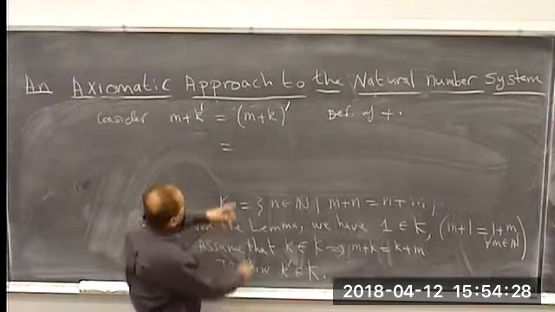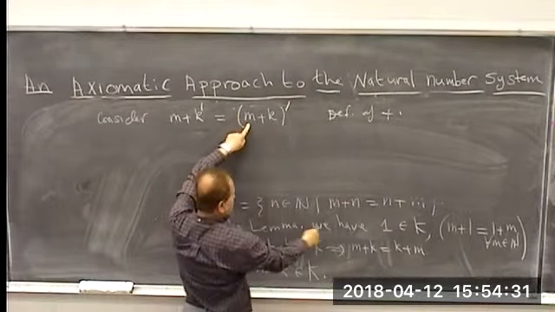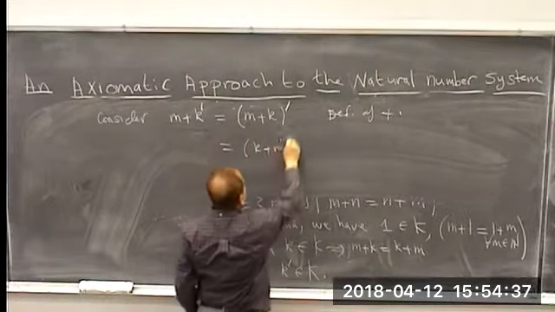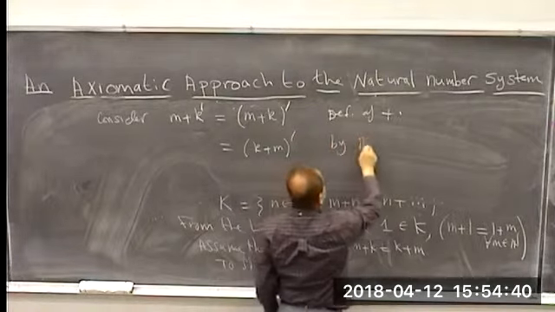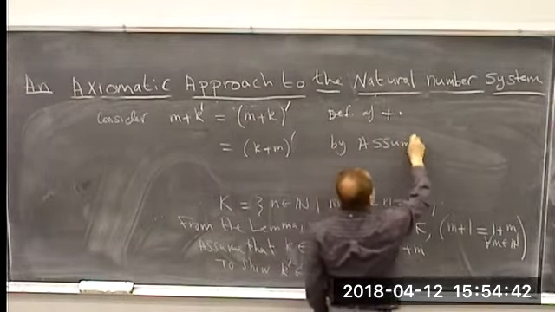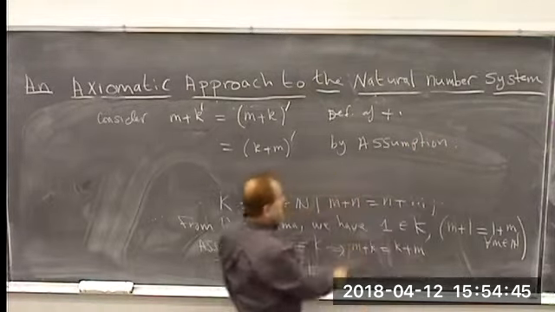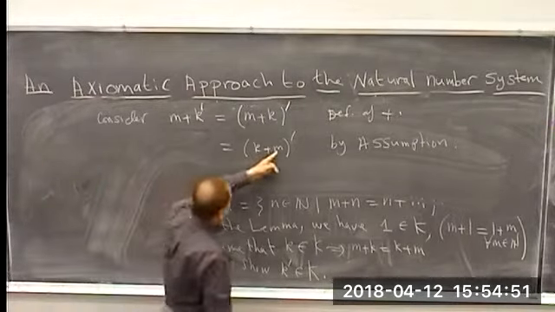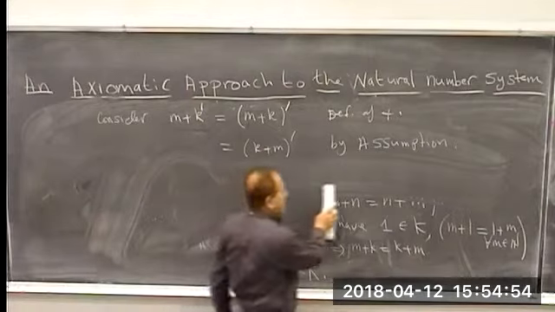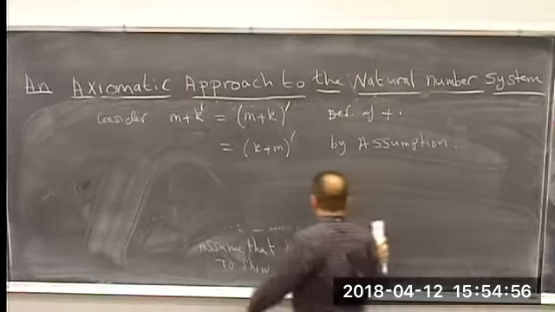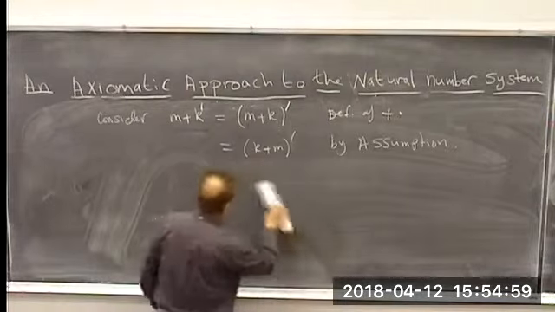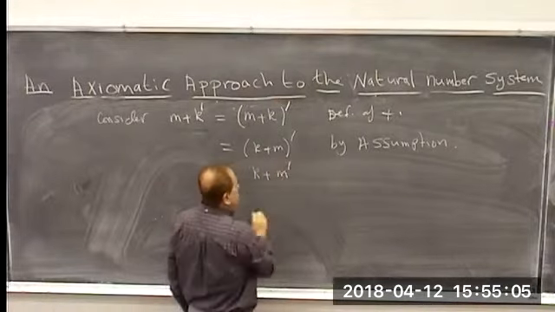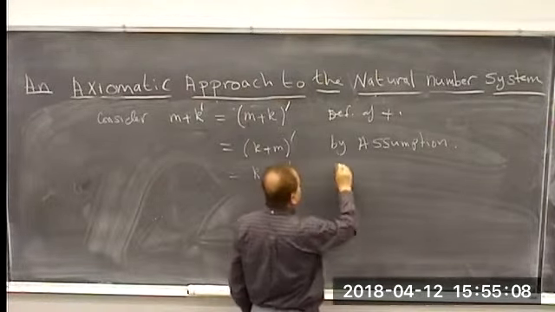By the hypothesis, I can switch these. This is by assumption. Now let's get back to the definition of addition. So I'm going to bring in the successor to the m. So I can write this is equal to k plus successor of m, again by definition of addition.